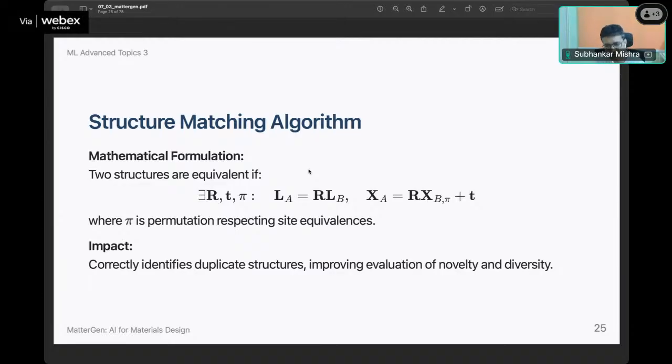This ensures that we don't overcount duplicates. Hopefully this will improve how we measure novelty. Otherwise, it will think these are two different things and give random numbers for how many novel materials it could generate.